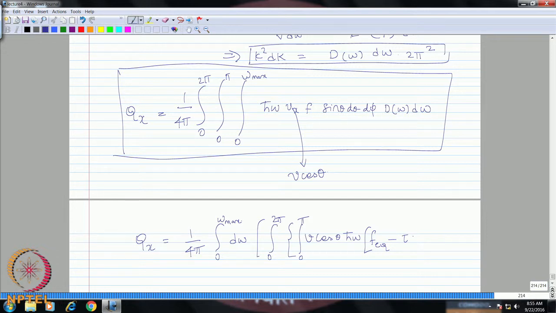Now I am considering only one dimension. So, my del r f will become df equilibrium by dx, which I can write as df equilibrium by dT, because f equilibrium is a function of temperature, if you take the Bose-Einstein distribution function, into dT by dx, and again I have a Vx there, dotted with Vx.